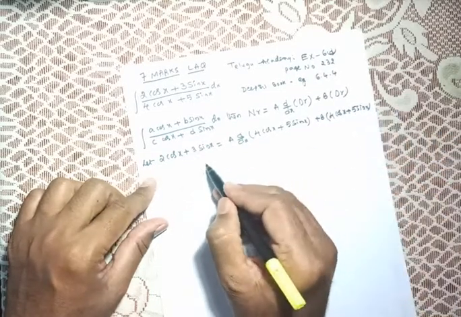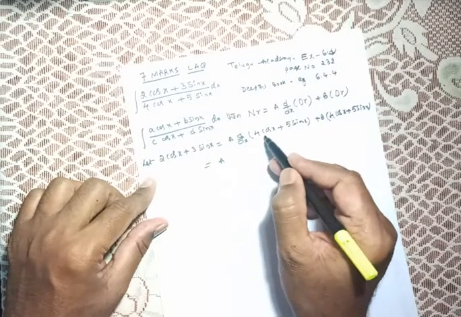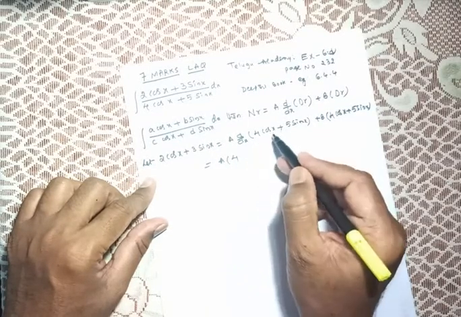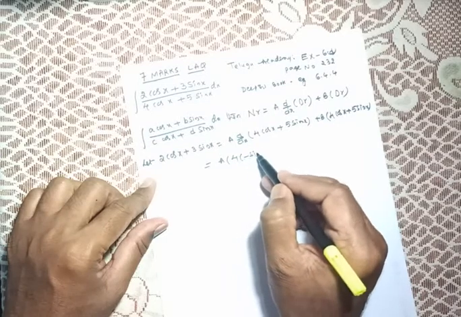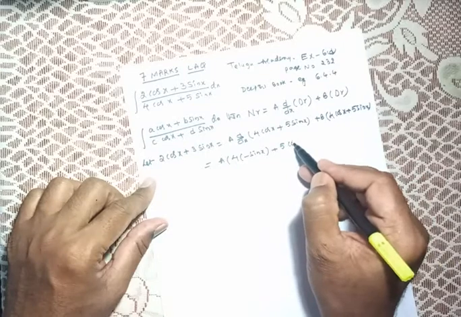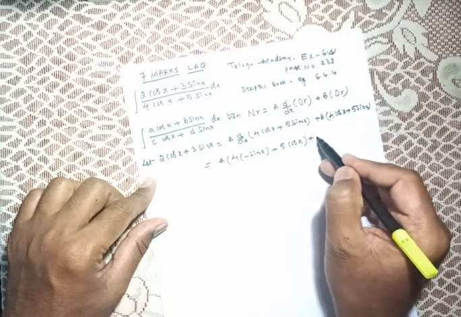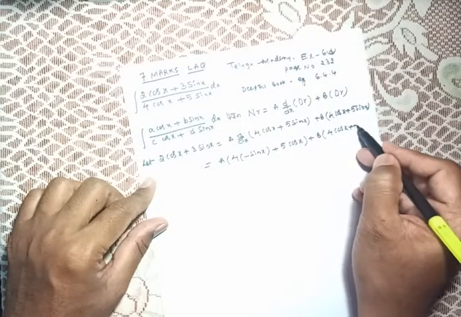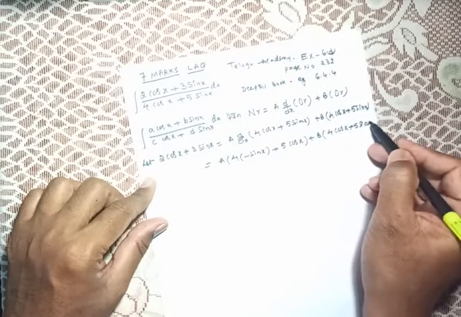That equals a times d/dx of 4 cos x, which is 4 times minus sin x, plus b times 5 cos x, since the derivative of sin x is cos x, plus b times (4 cos x + 5 sin x).